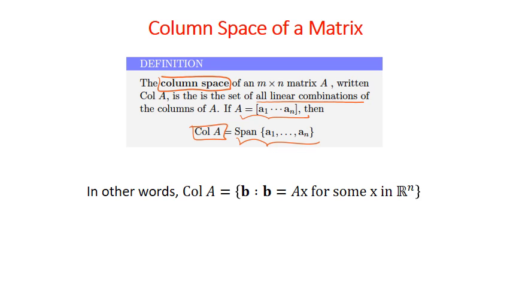In other words, the column space of A is equal to the set of vectors B such that B equals AX, this equation that we've seen a million times, for some X in Rn.